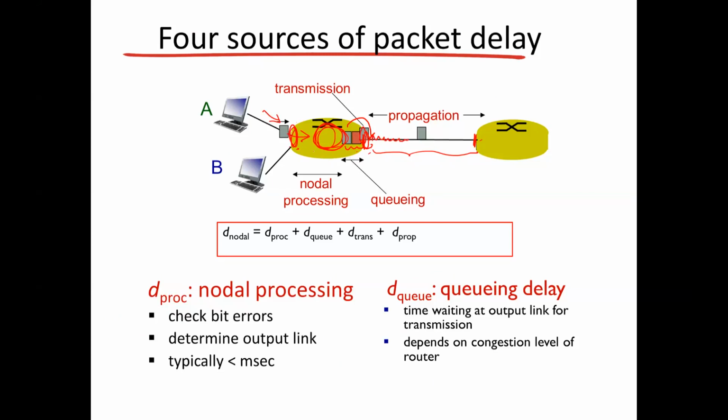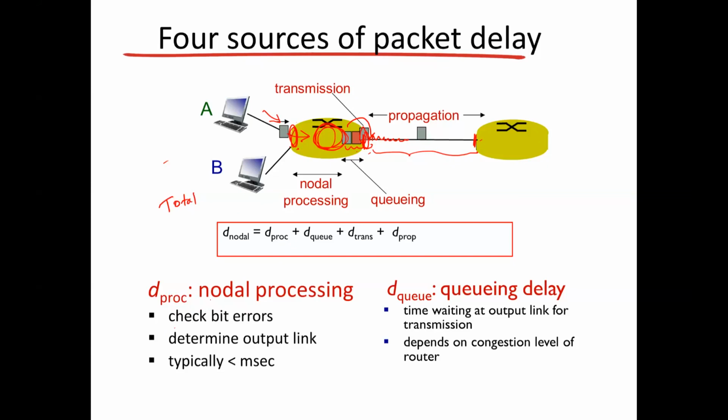Now when we sum up all these 4 types of delay, we get the end-to-end delay. So what is the total delay? It is the sum of all the 4 types of delay: processing delay, queuing delay, transmission delay, and propagation delay. Typically all these delays should be less than milliseconds. When the delay increases, then we know that the performance of the network is not good.